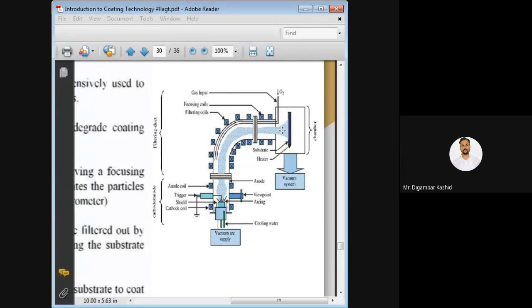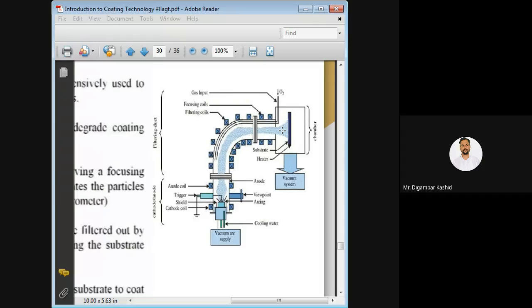And the beam of the particles must be rastered over the substrate to coat a large area with acceptable uniformity. So this is actually a movable one, so that it can cover the whole area, if the sample size is bigger also.